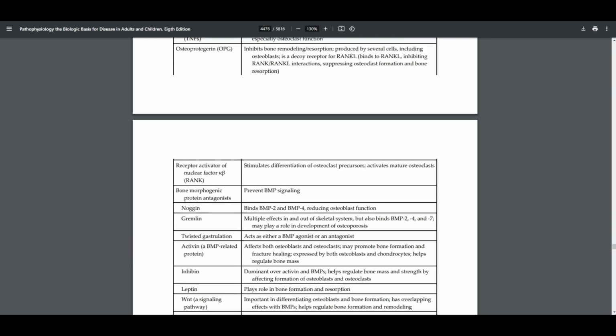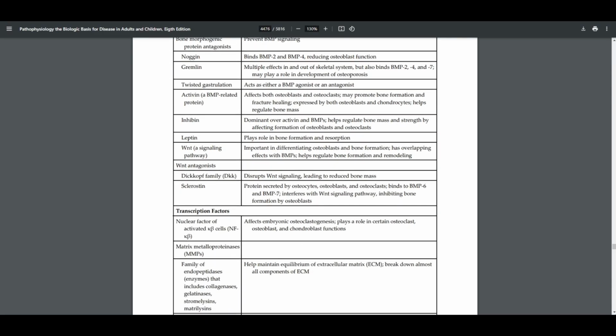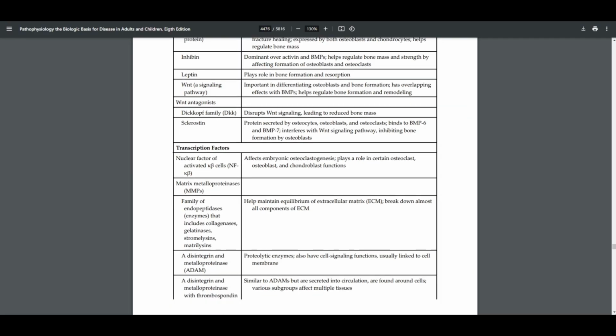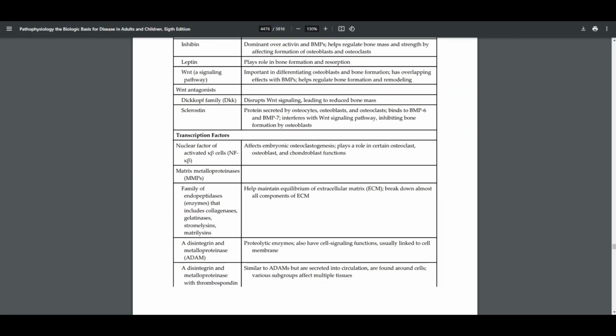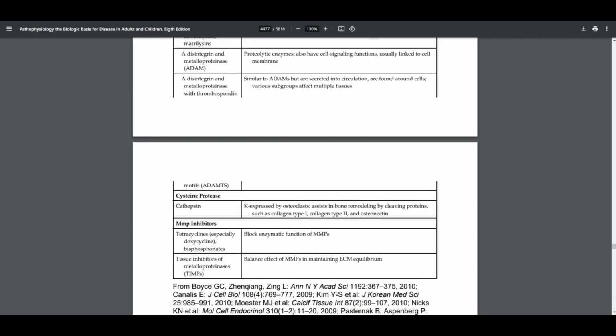I'd say here's as good of a spot as I need to pause one more time. Go ahead and pause here because here it also jumps into the transcription factors. There you go. Pause one last time here.